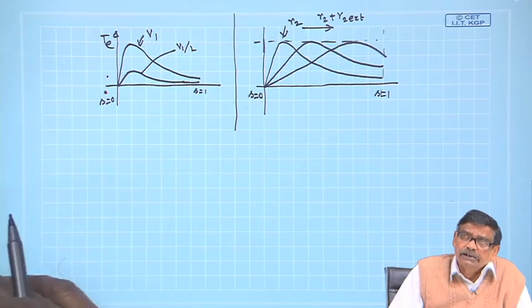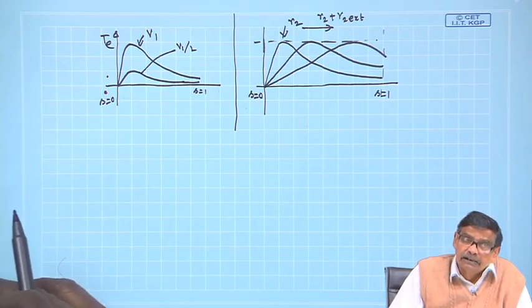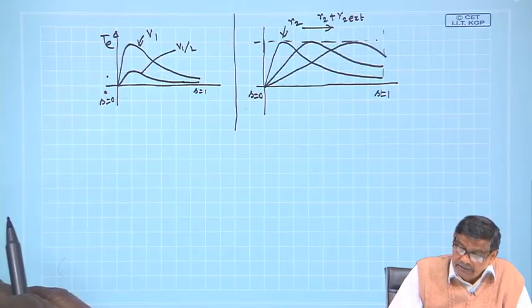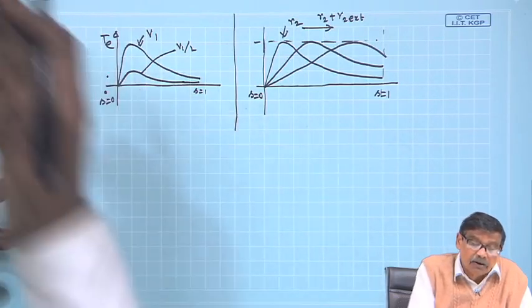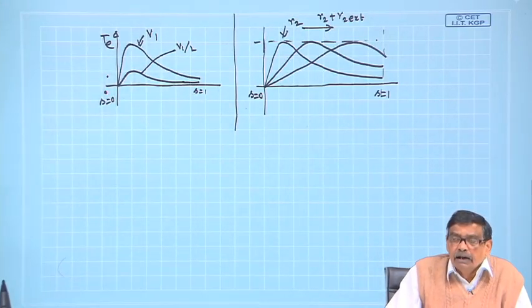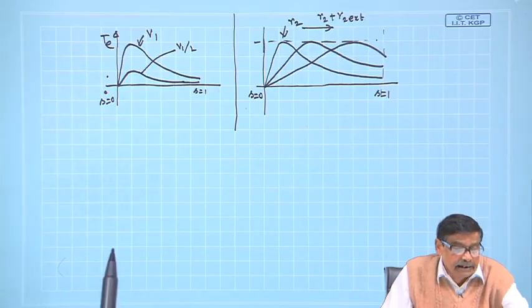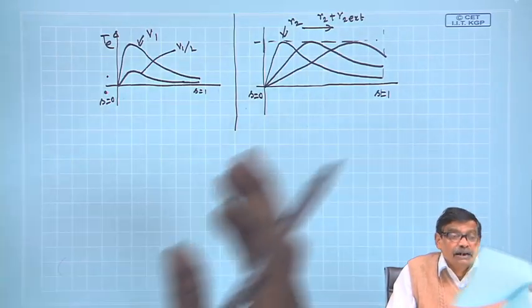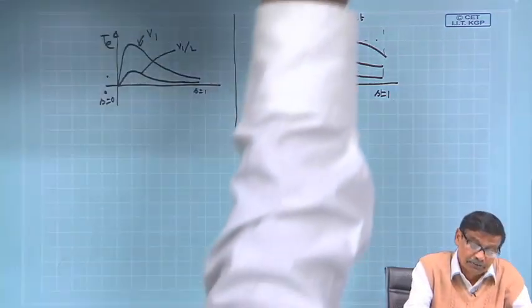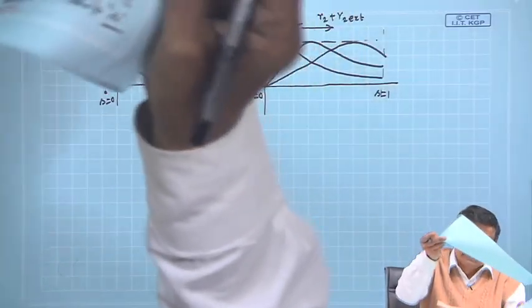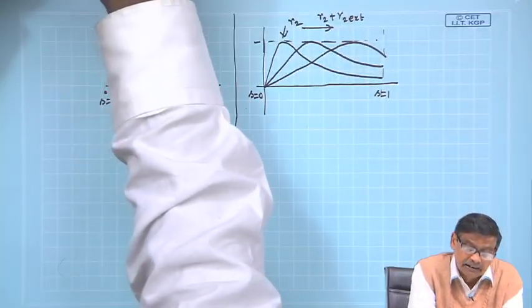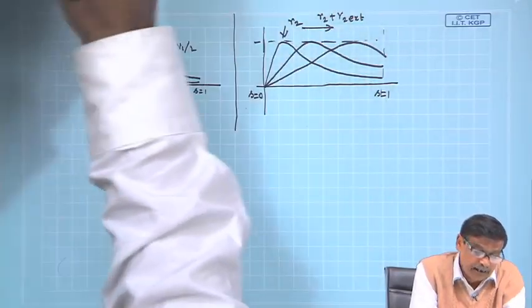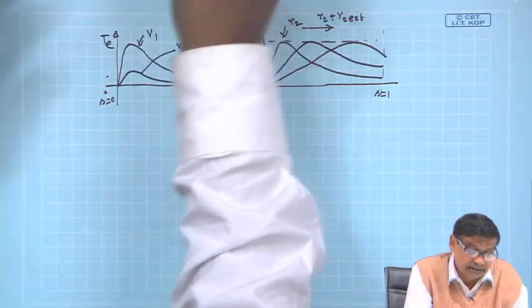If you are too greedy, you say that I want to get the T max to appear at S equal to 1. Yes, you can do that, because all the equations are with me. Look at this equation, the torque equation in general, where you can play with these numbers.